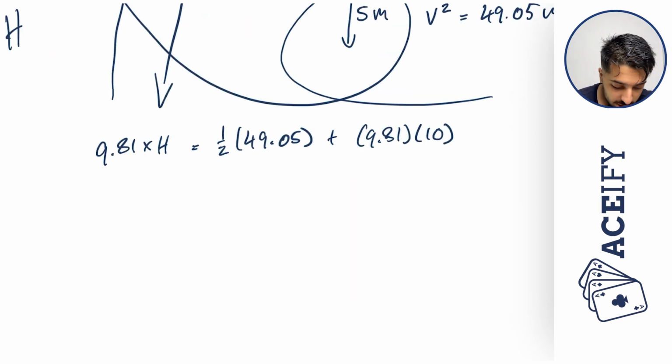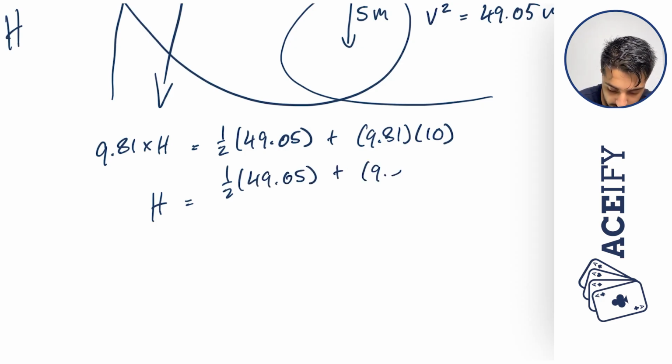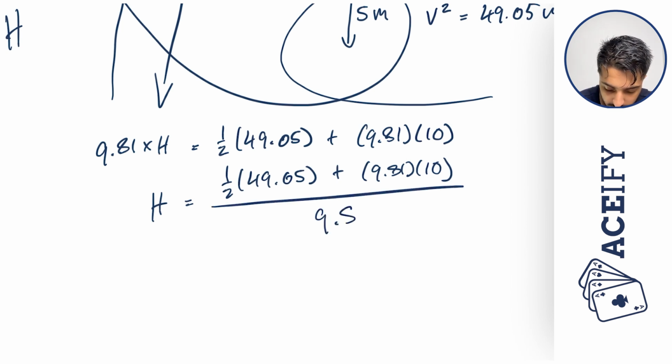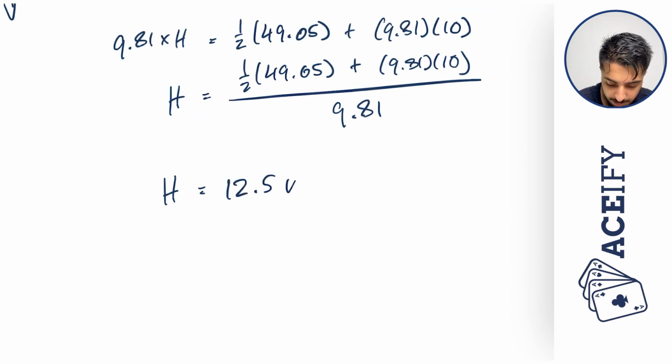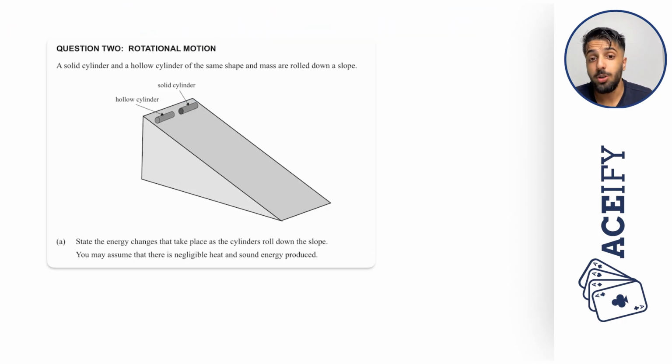Alright, so now that we just want h on this side, we don't want 9.81h, we can divide both sides by 9.81, and we get h is equal to half 49.05 plus 9.81 times 10, all over 9.81. And therefore, putting this in our calculator, this gives us a height of 12.5 meters. There we go. Okay, question 2.